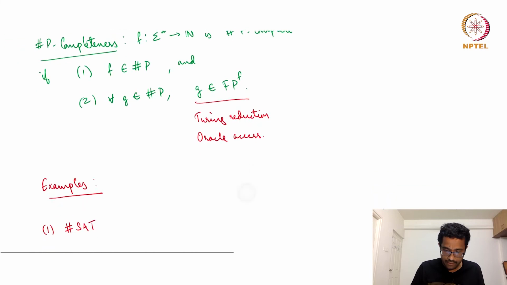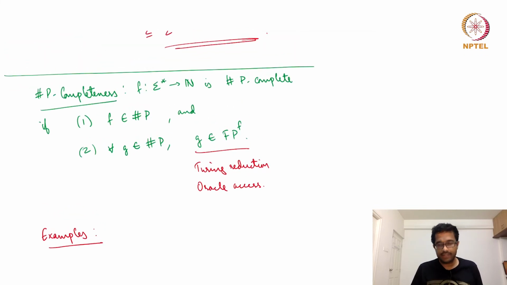Okay, so finally we will define what Sharp-completeness is and then conclude. Sharp-completeness is defined very similar to NP-completeness, but there is one small difference.